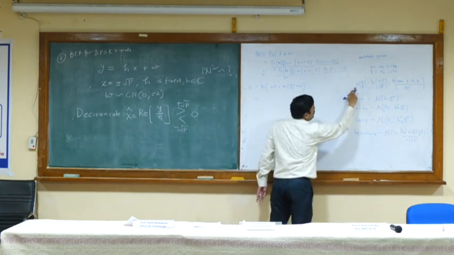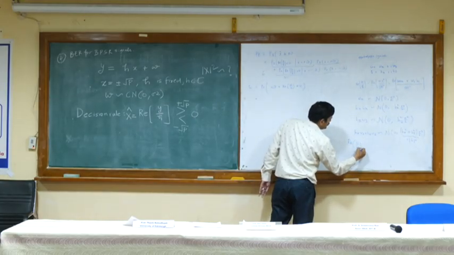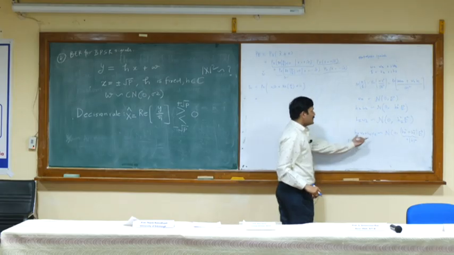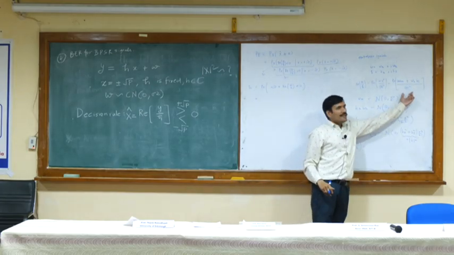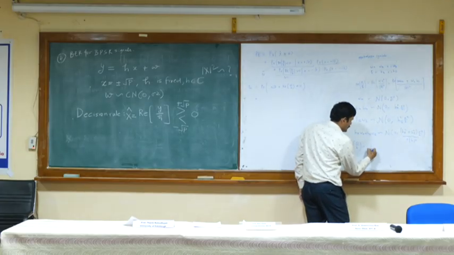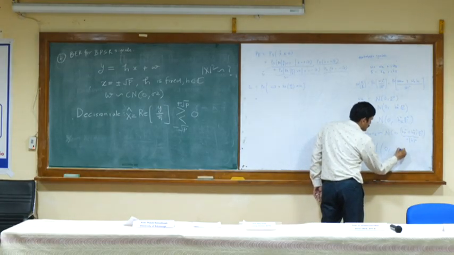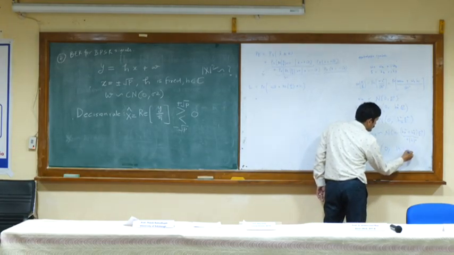So real of W divided by H is equal to what? This quantity divided by mod of H square. So this quantity will be distributed as N(0, (mod H square sigma square divided by 2) divided by mod H to the power 4).